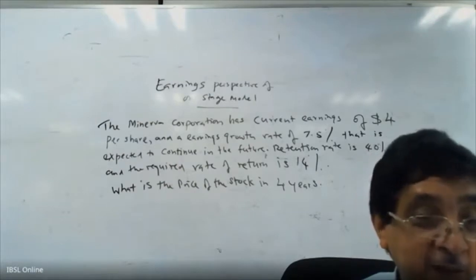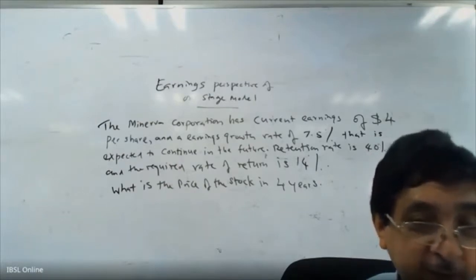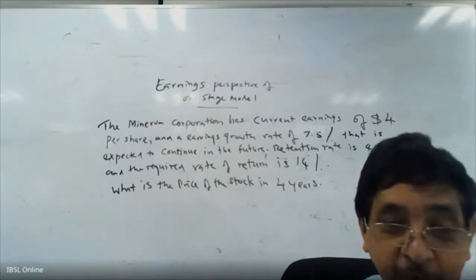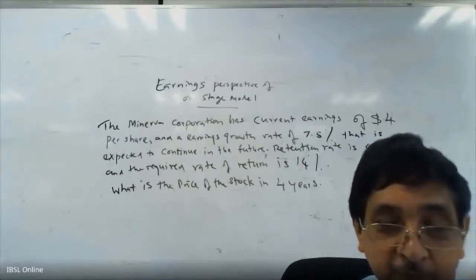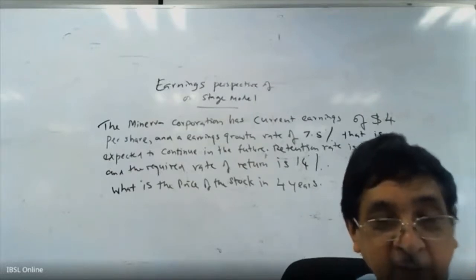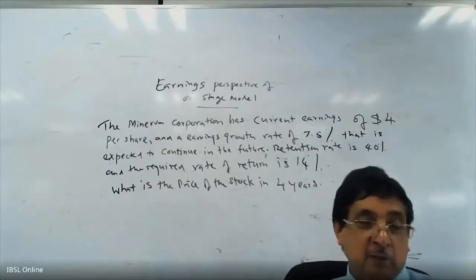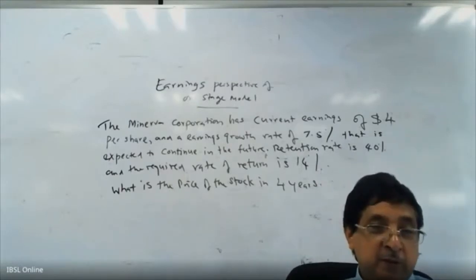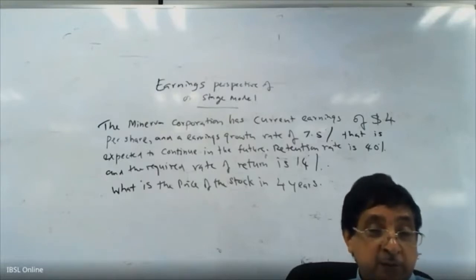You gather what I have said on the board and you try to work it out. It's not a difficult one, but I want to give you some indication, where we have already done the one stage model.